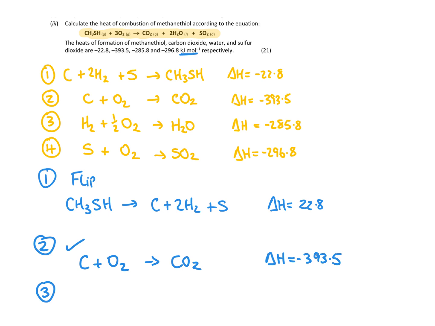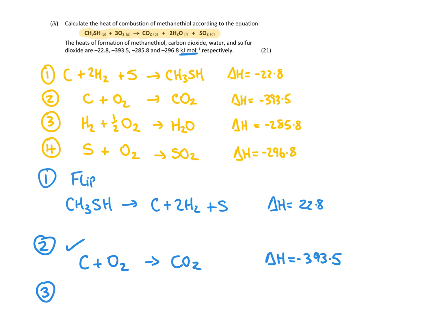Next equation we're going to look at is equation number 3. And if I look at equation number 3, I can see what is of interest to me here is the H2O, because the H2O is on the product side of equation 3. It is also on the product side of my heat of combustion or my target equation, but I can see I only have one of it in my heat of formation equation and I need 2 in my heat of combustion.